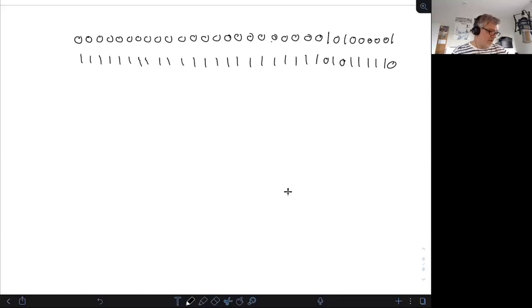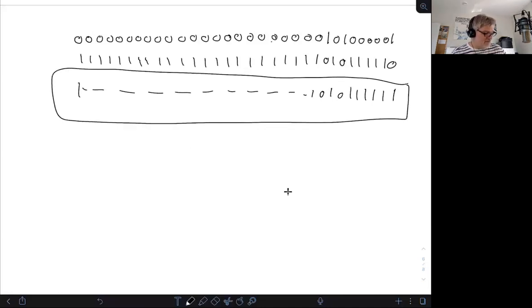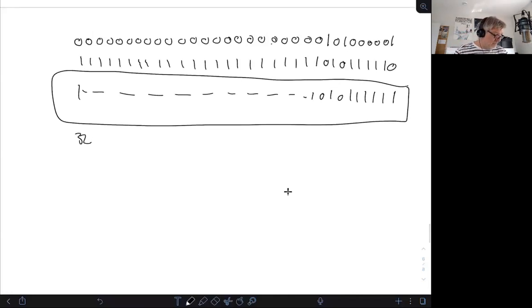Okay. Plus 1. So this is the answer. These are all ones. So this is the contents of the 32-bit register, with minus 321.